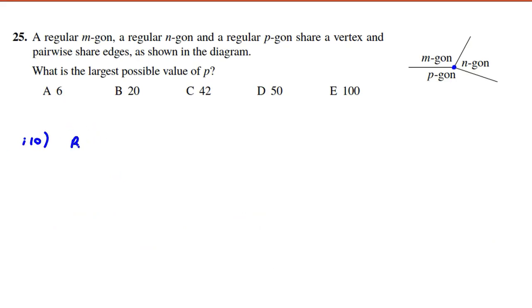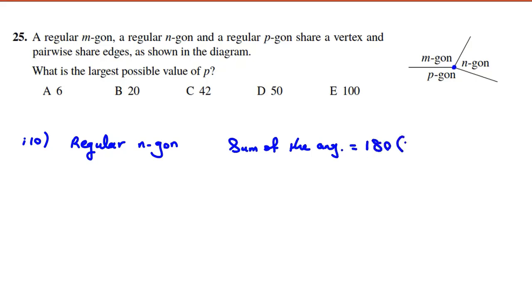Okay, I can tell you idea 10, which is unobvious, but I want to generalize it. If we have a regular n-gon, the sum of the angles is 180 times n minus 2, because you can divide it into n minus 2 triangles. You can prove it by induction.